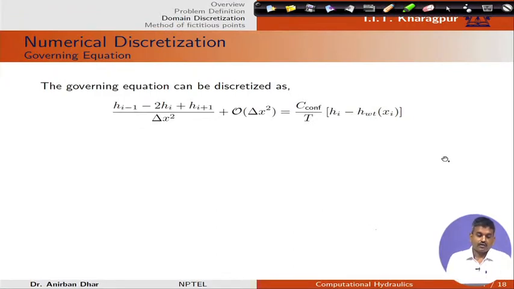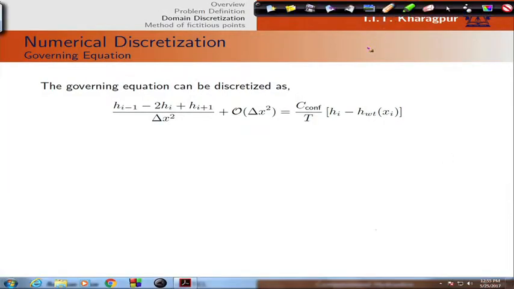Now, we can discretize our governing equation. On the left hand side, we have d2h by dx2. If we discretize this second order derivative, it has second order accuracy.